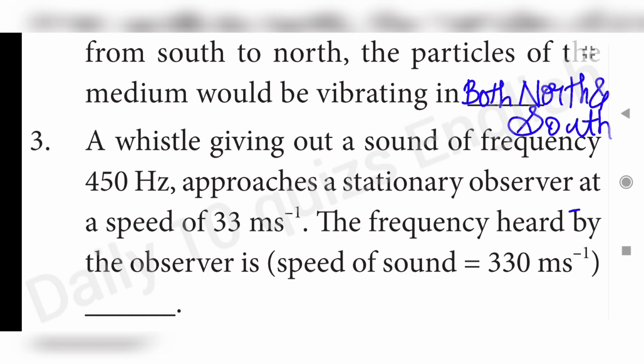Third one, a whistle giving out a sound of frequency 450 Hz approaches a stationary observer at a speed of 33 meters per second. The frequency heard by the observer is? Speed of sound is equal to 330 meters per second.